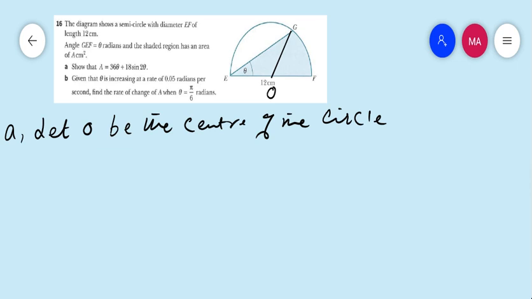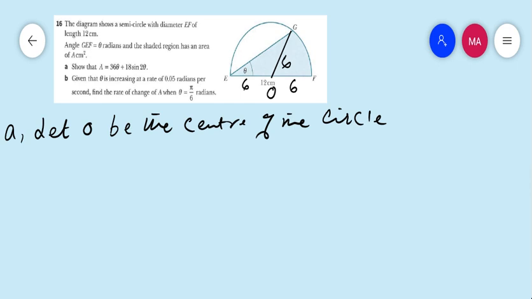You know, half of the diameter is the radius, therefore the diameter is 12, then the radius is 6, and the distance from the center to the boundary of the circle is the radius. Therefore, if this one is radius, then O to G is also radius, which is 6.